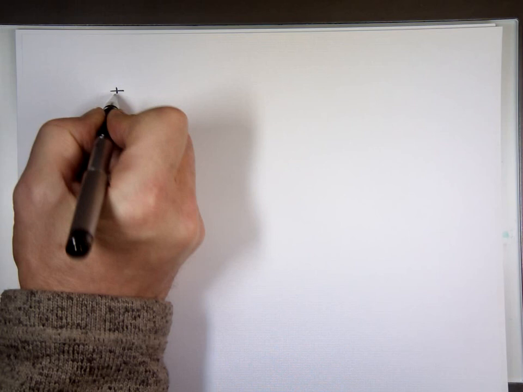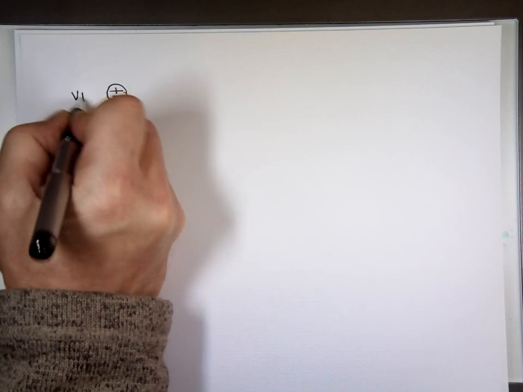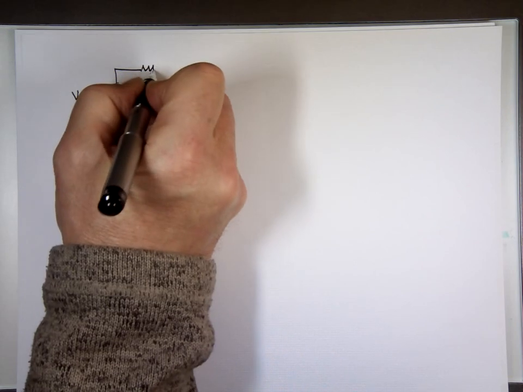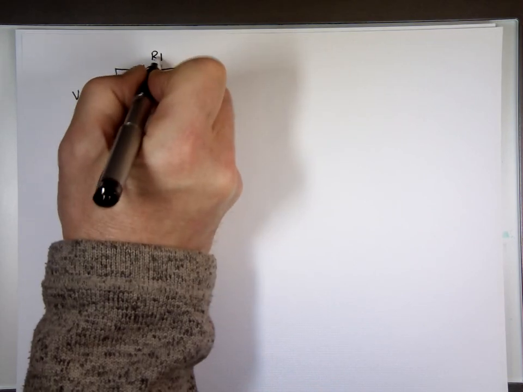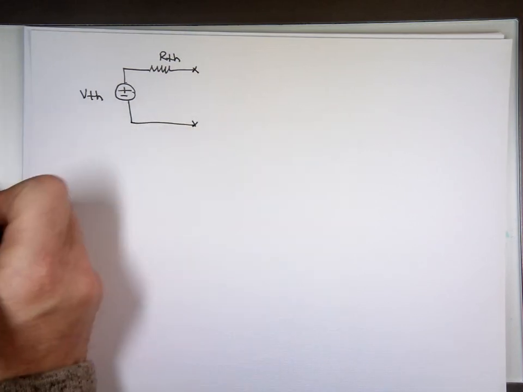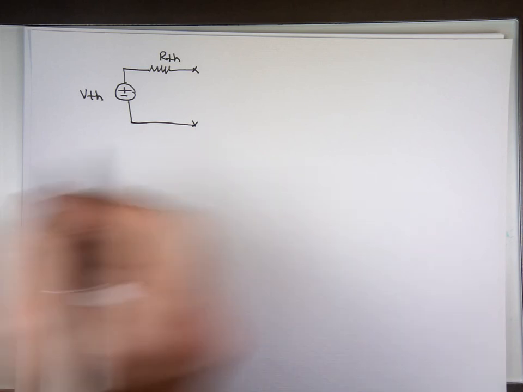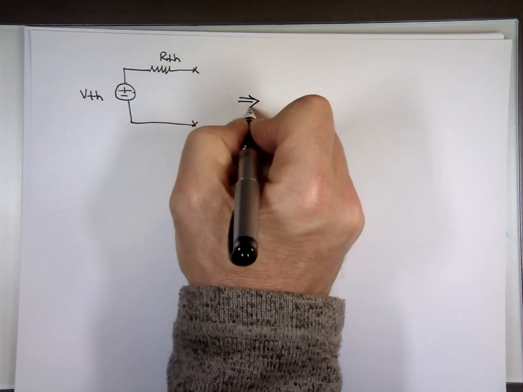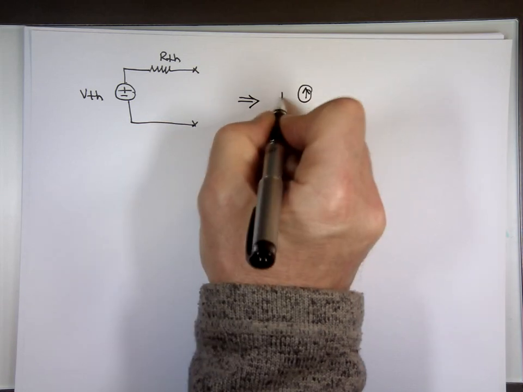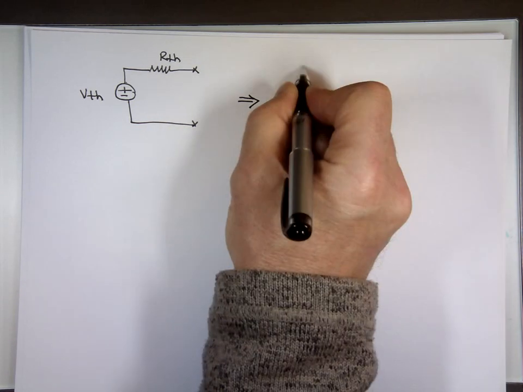If you have a Thevenin circuit like this of V Thevenin with R Thevenin here, you can change that to a Norton equivalent. Norton equivalent says you're going to have a current source of I Norton in parallel with R Norton.